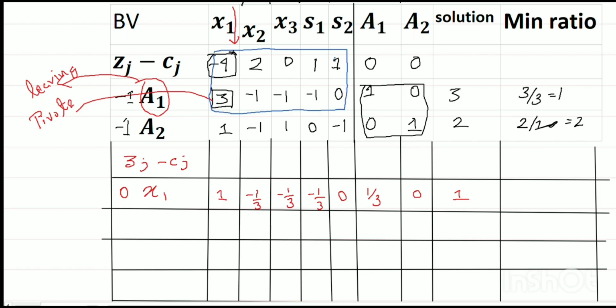So how can I change? 3 into 1, 3, and 0 into minus 4, 0, and divided by 3. So I get this value is 1. No problem.